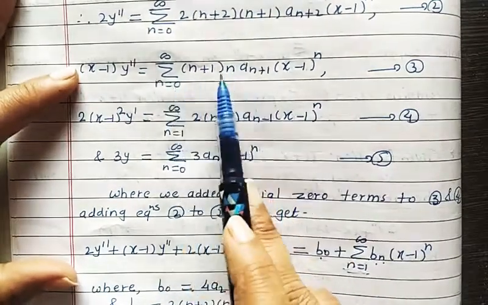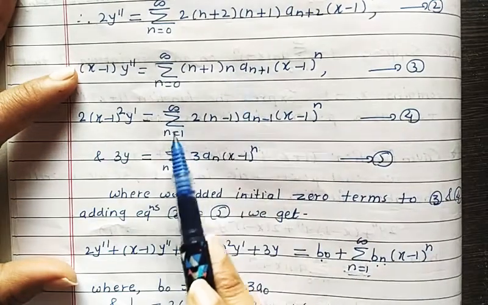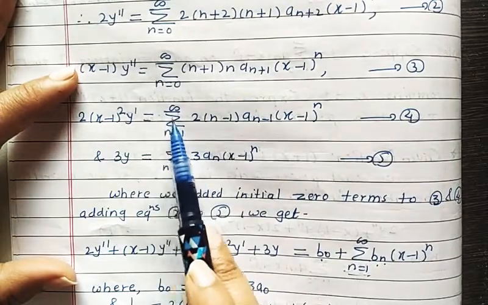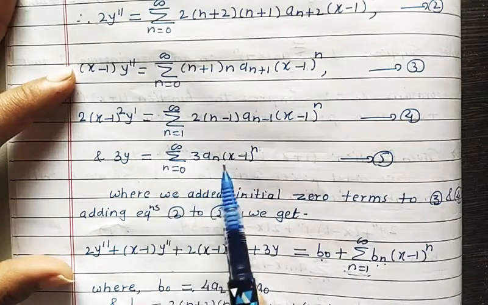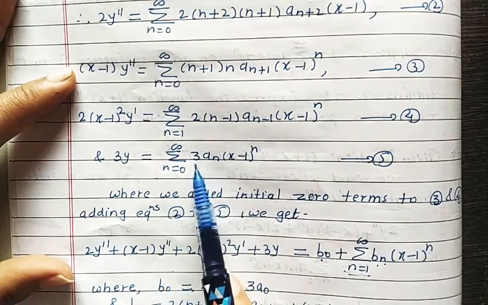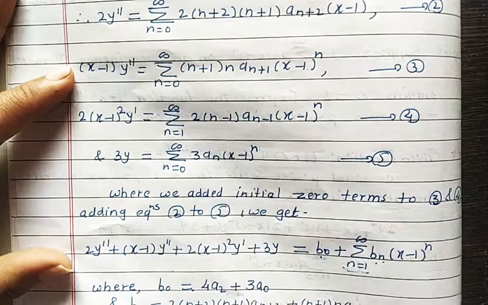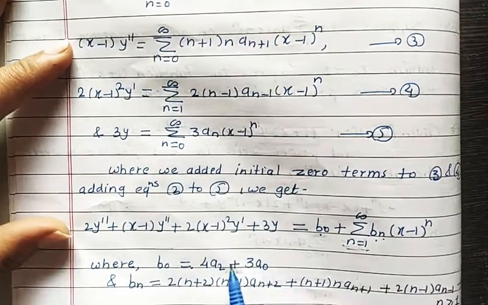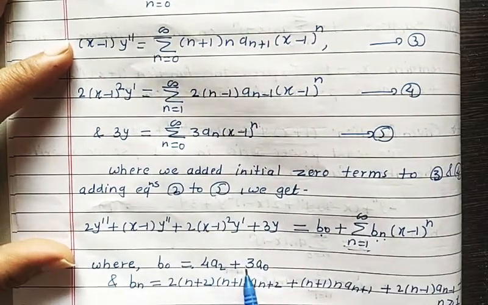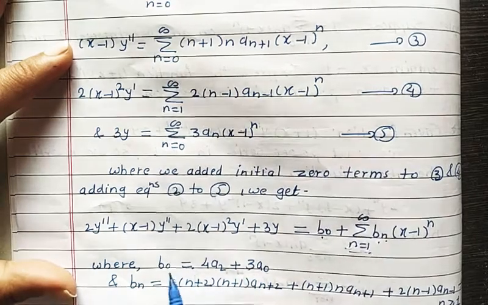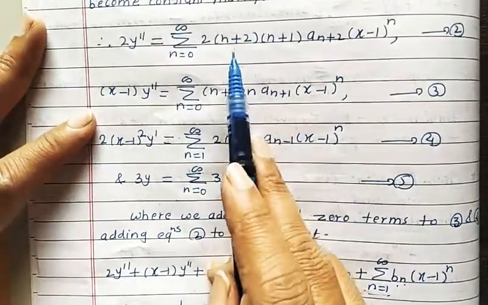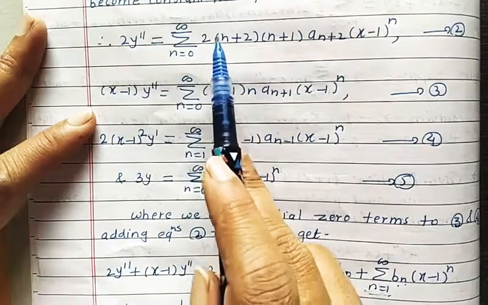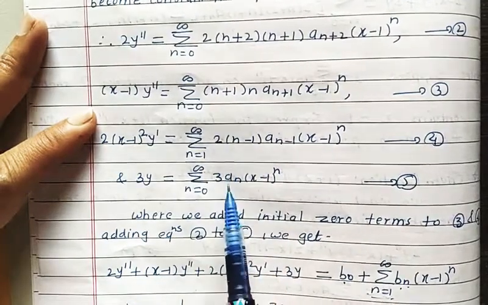When n is equal to 0, this term is 0; there is no question of n is equal to 0 here, so we skip it. And when n is equal to 0, this becomes 3a naught into 1, so this is 3a naught. So b naught is equal to 4a2 plus 3a naught. This is the term when n is equal to 0 is placed in these 3 equations.